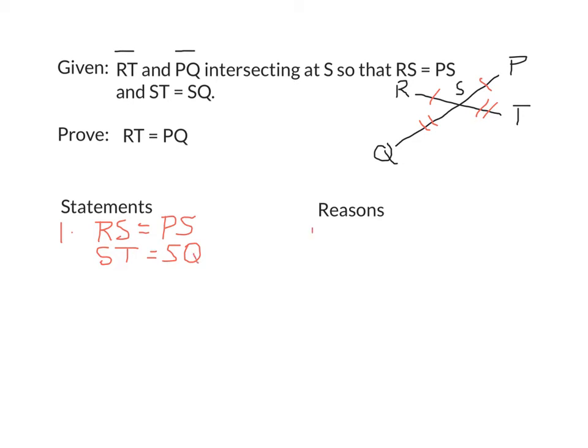Now, the reason, we put number 1 again so that we have the corresponding reason. Why do we know that this statement is true? It was given to us. So the reason is given.